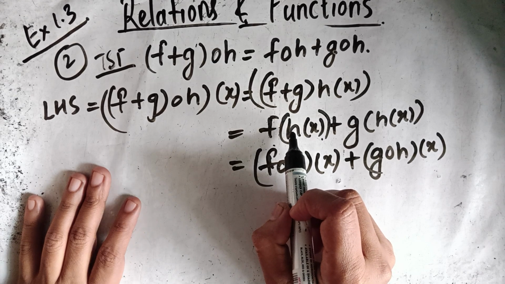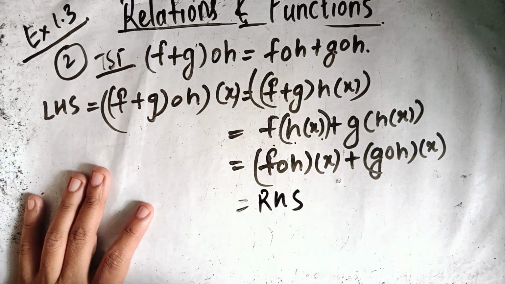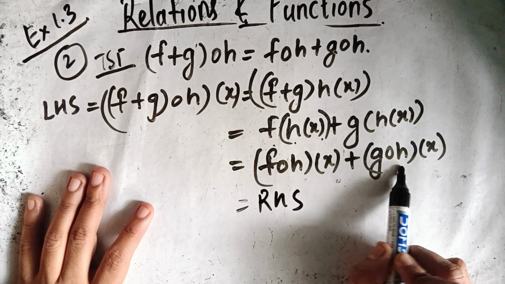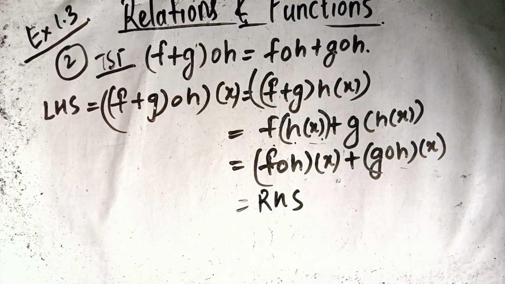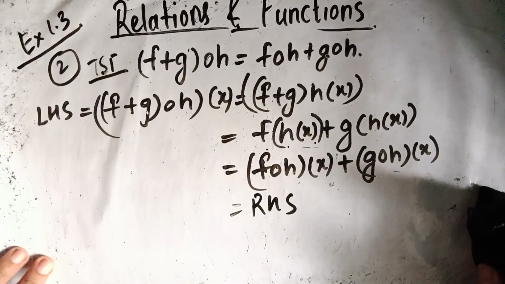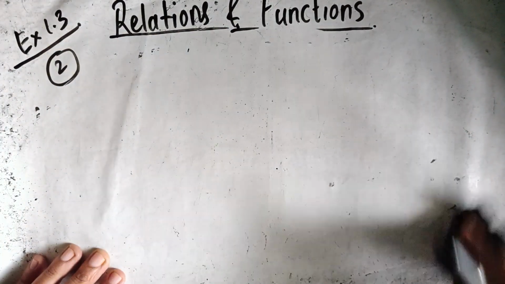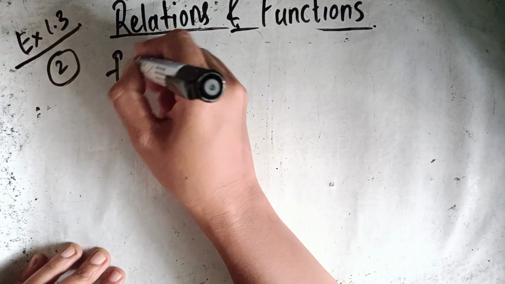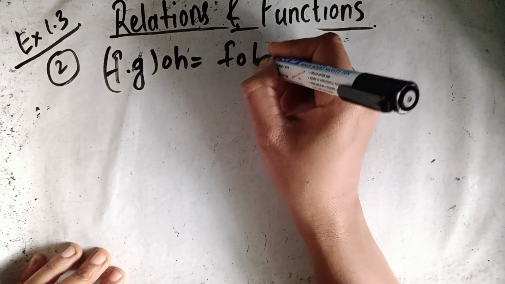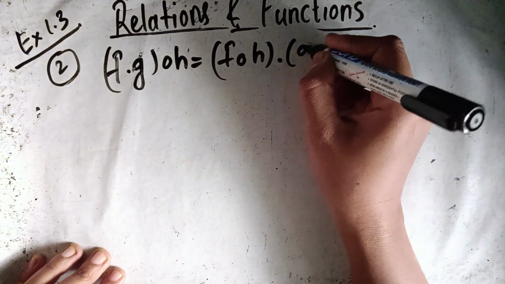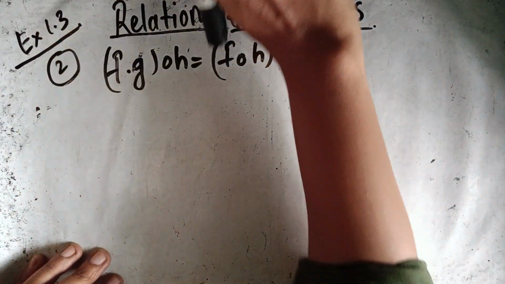Okay, so similarly we can go from the right hand side. Then we can write like this, then this and this. Okay, second one: (f into g) composite h equals f composite h dot g composite h. Okay, starting from the RHS.